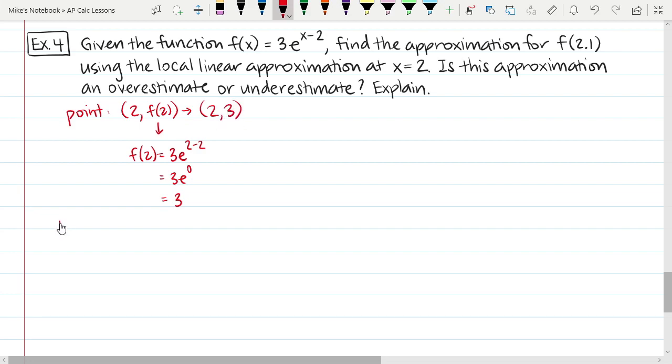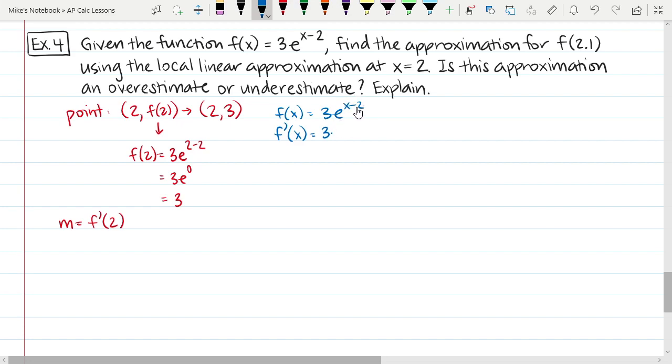Now for the slope, remember, we need to know f prime of 2. Well, in order to find f prime of 2, I need to find f prime of x first. So we've got this exponential function. Remember, if f of x is 3e to the x minus 2, then f prime of x is going to be, so this is just a constant times a function, so it's going to be the constant times the derivative of this function.